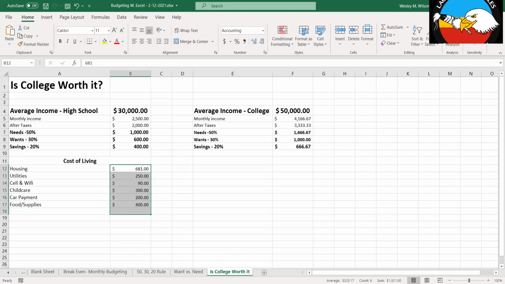And in the needs column, you're left with $1,921. If you compare that to the formula here, an average high school graduate with a full-time job will make roughly $30,000 for the year. Monthly income comes down to about $2,500.